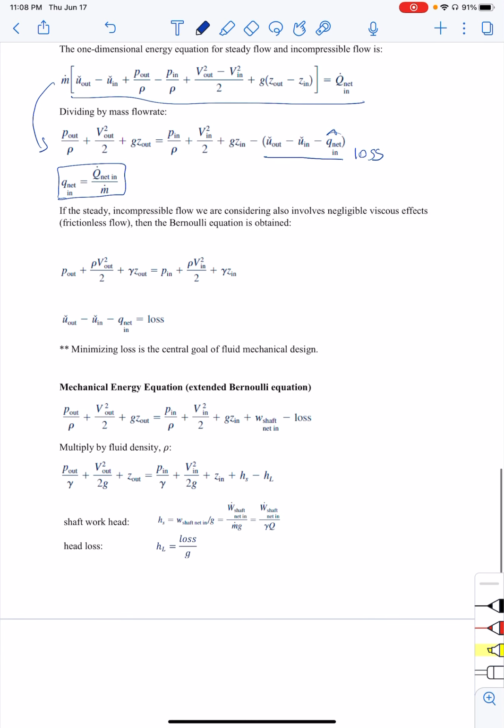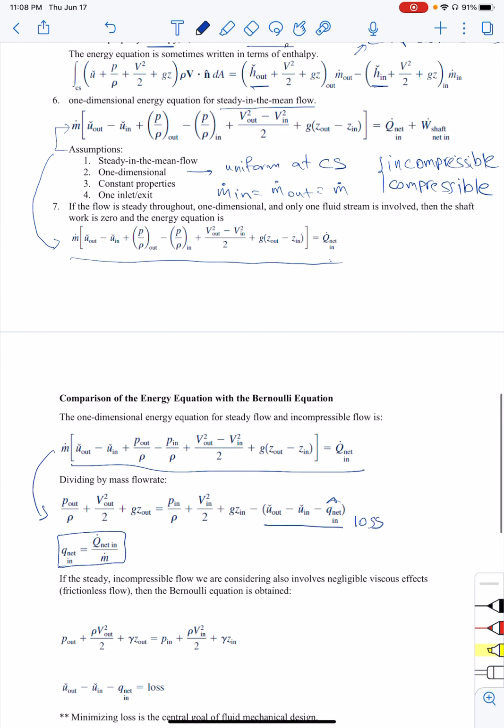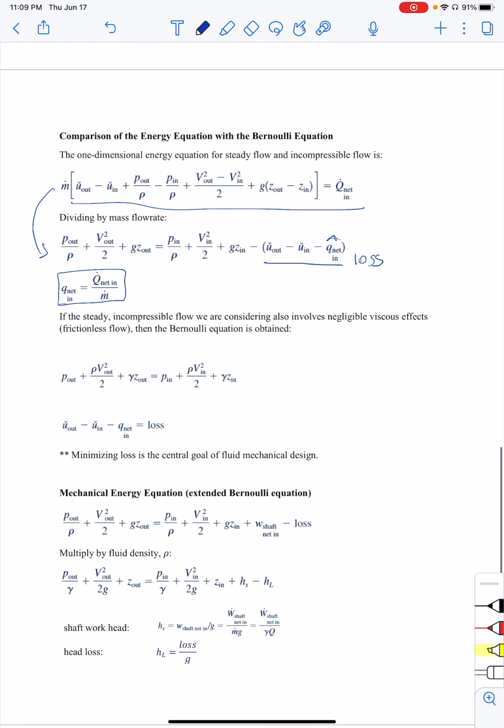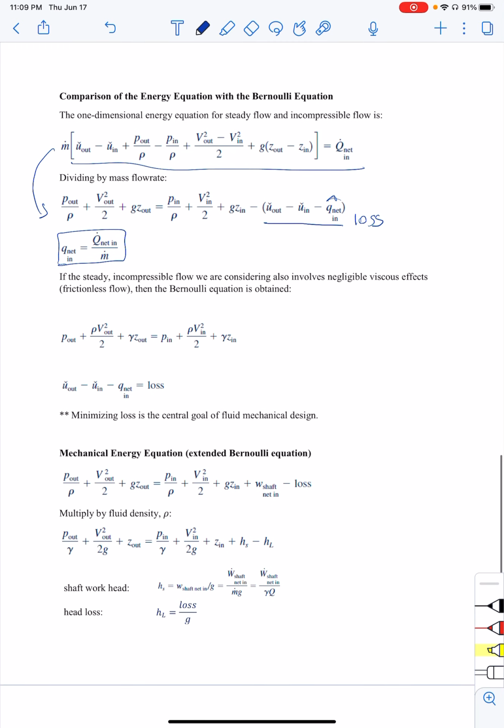And this equation involves energy per unit mass and is applicable to one-dimensional flow. I just don't want you guys to forget this assumption, which is why I repeat it again. So this is for a one-dimensional flow of a single stream of fluid between two sections, or the flow along a streamline between two sections.